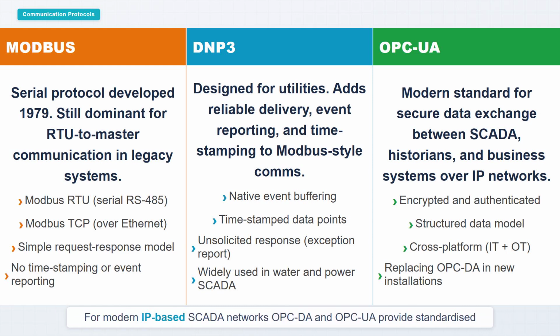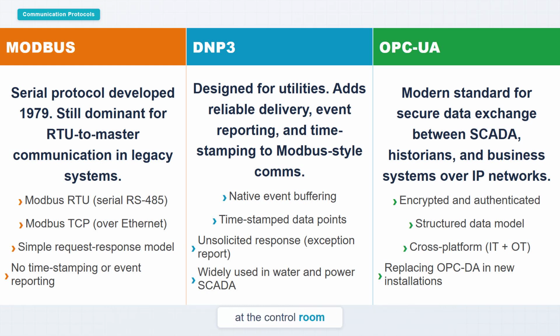For modern IP-based SCADA networks, OPC DA and OPC UA provide standardized data exchange between SCADA servers, historian databases, and business systems. The communication protocol defines how data is packaged, addressed, and error-checked. Getting it wrong means lost data or incorrect values at the control room.